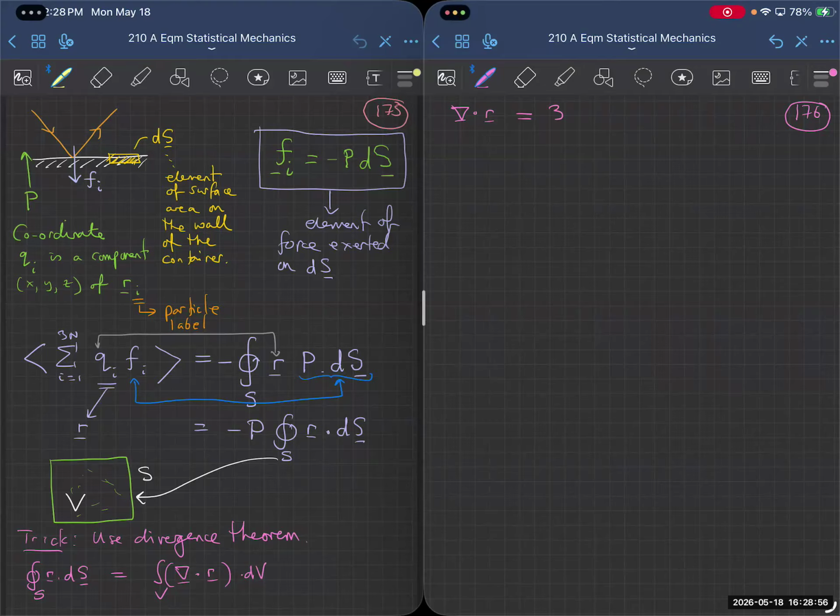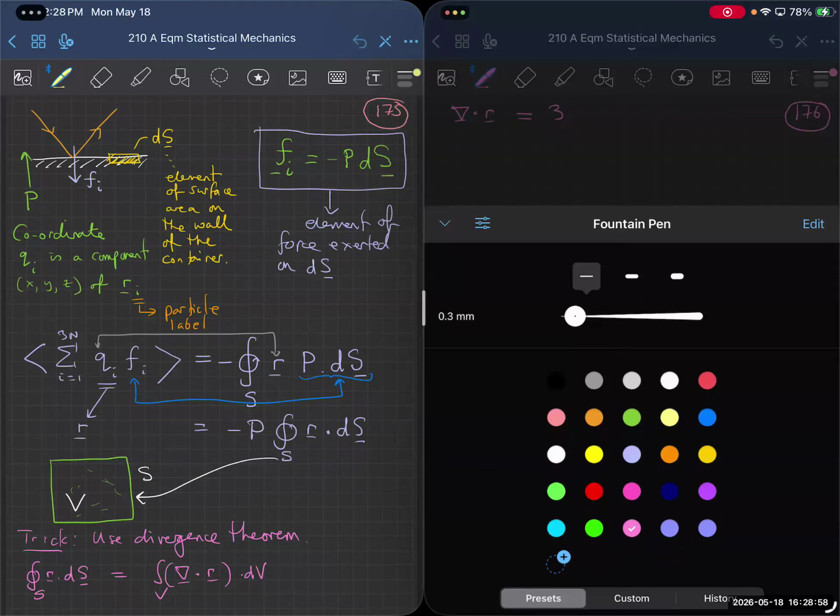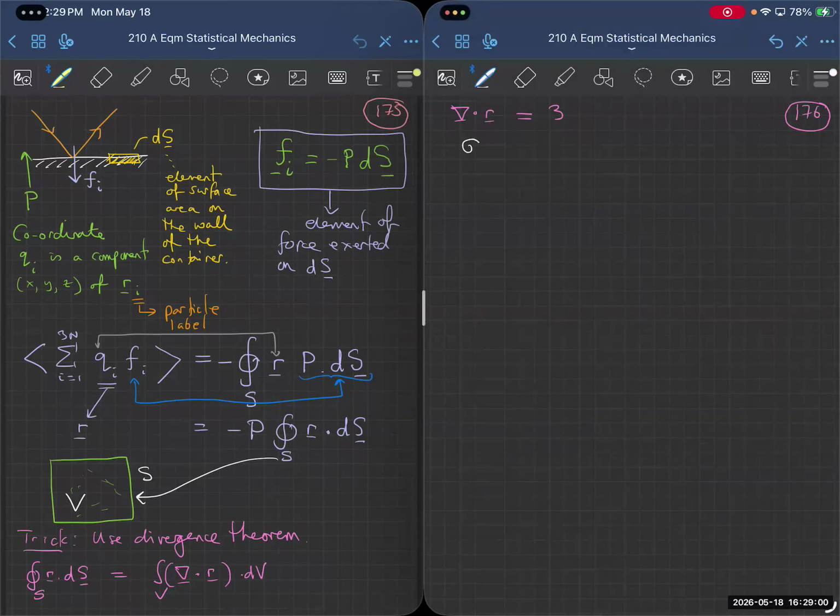And so now what I've just shown you is that the virial is equal to minus 3 times the pressure times the integral, which is equal to 3V. So now I've got the virial is equal to minus 3PV.